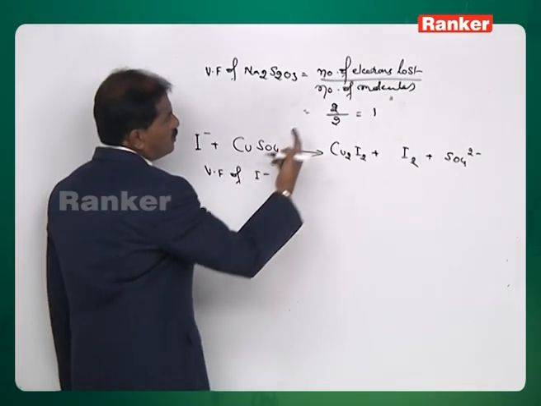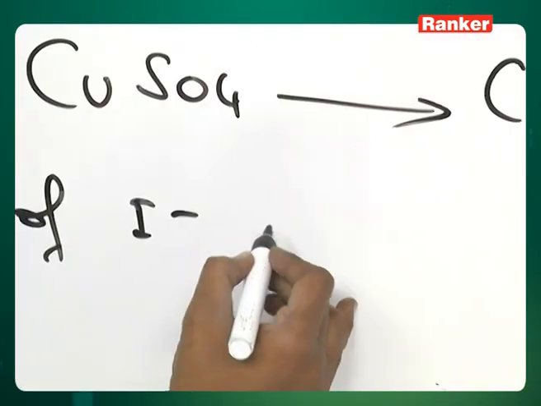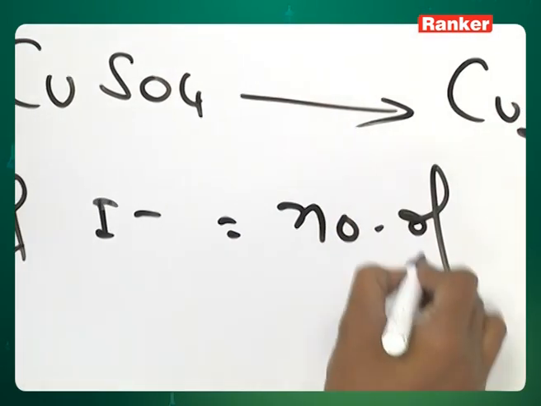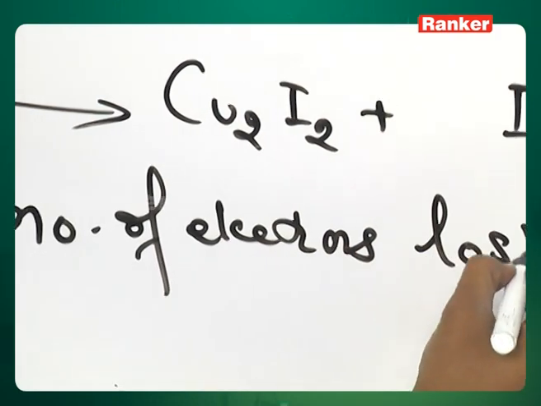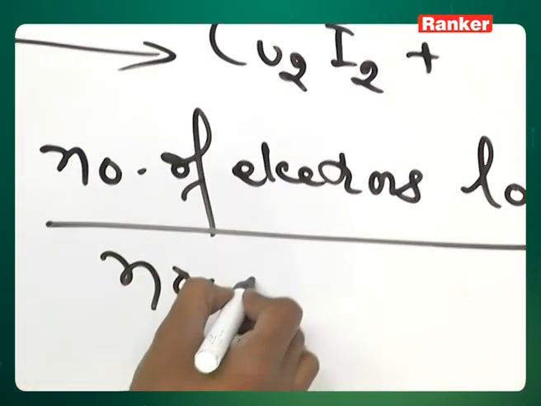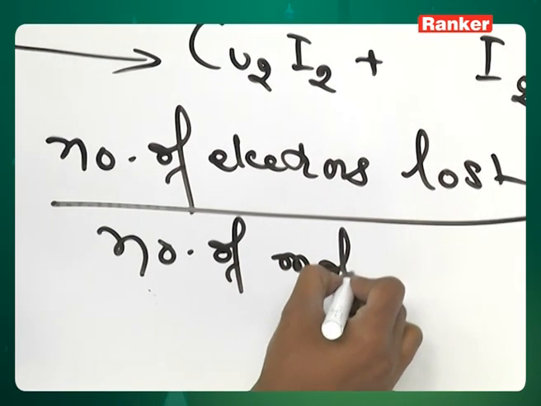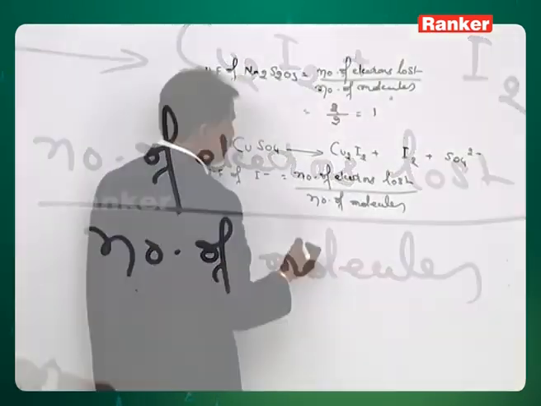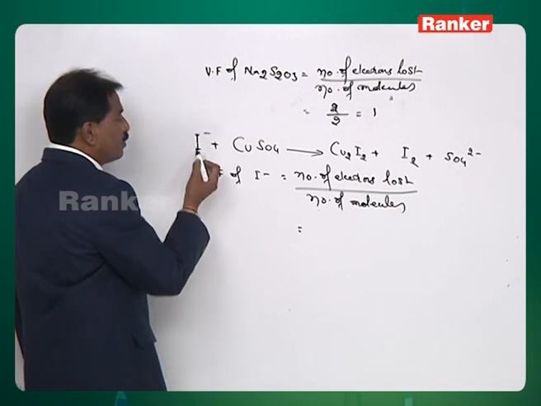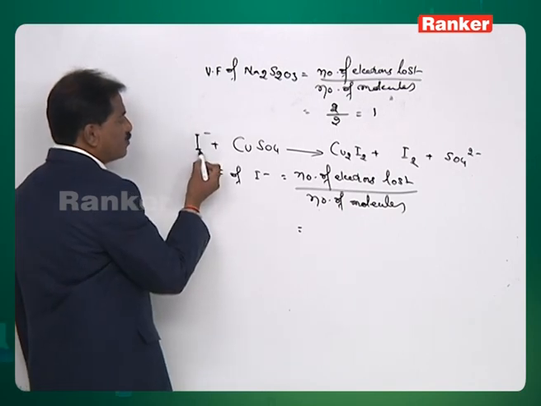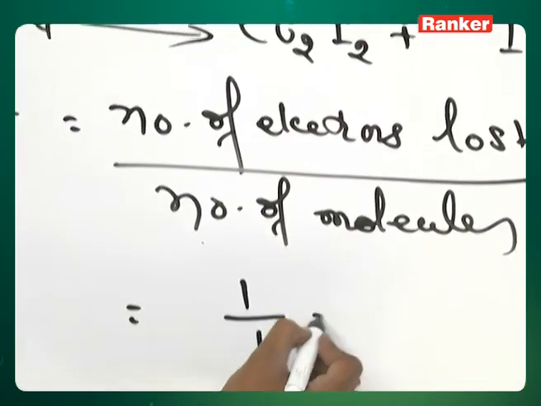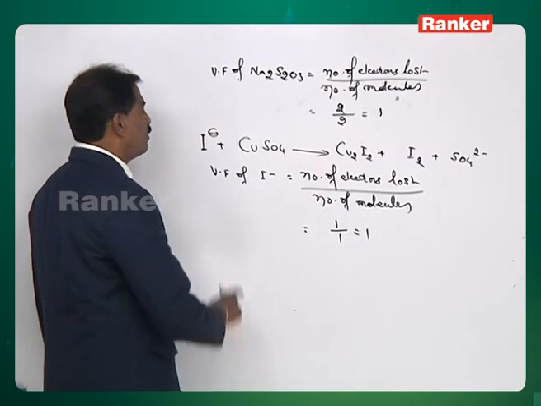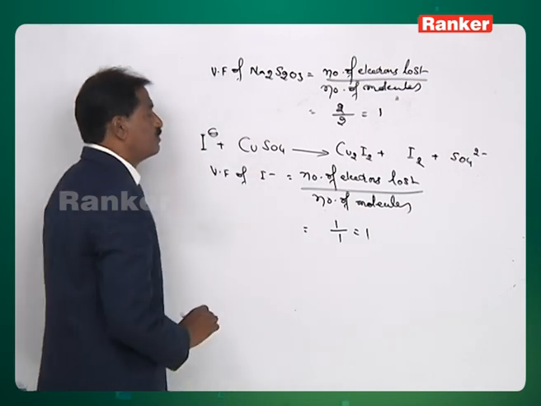The general formula is number of electrons lost by number of molecules. Here, one iodide is losing one electron. So for potassium iodide or iodide, valence factor is 1.